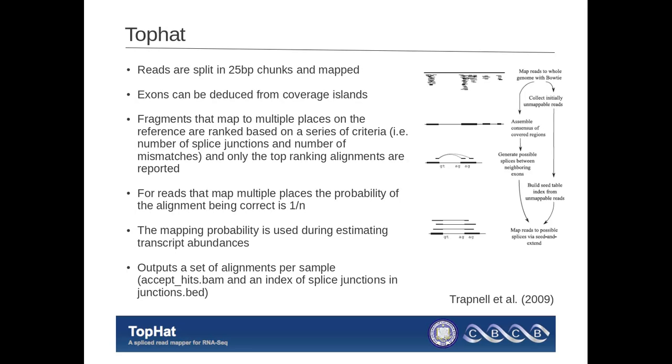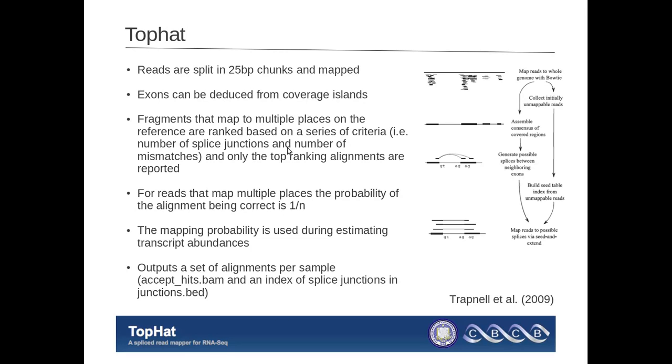So TopHat, in the second phase of the alignment, splits the reads into 25 base pair chunks. These are the reads that did not map in the Bowtie phase. And then it discovers these exons by looking for these coverage islands, these pileups, where the exons are. And then it uses a strategy for dealing with reads, not unmapped reads, but reads that map to multiple places.